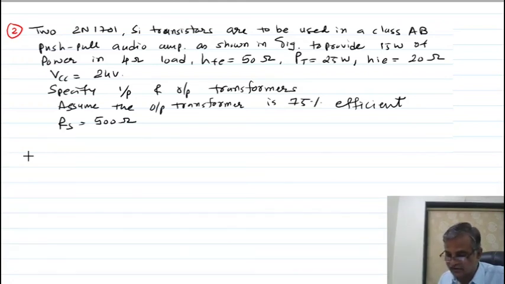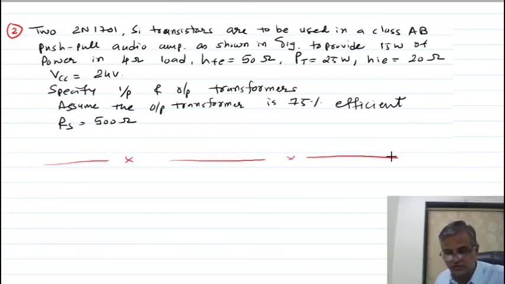I think you get the clarity of designing of class A and class B push pull amplifier. One more numerical I am putting for practice.